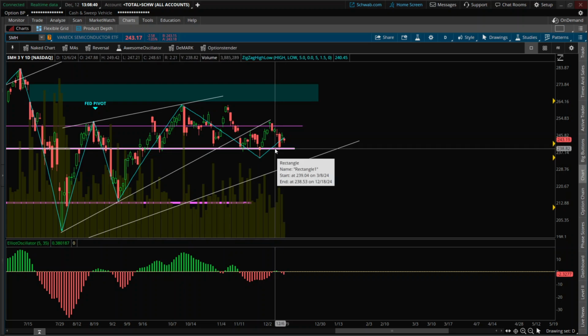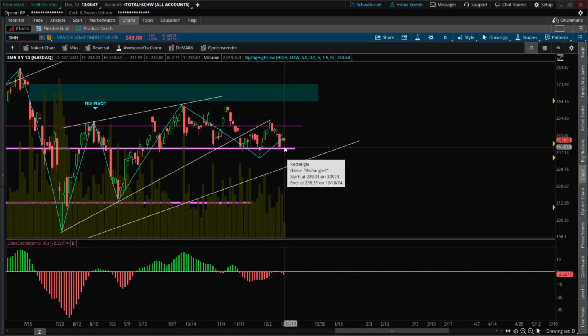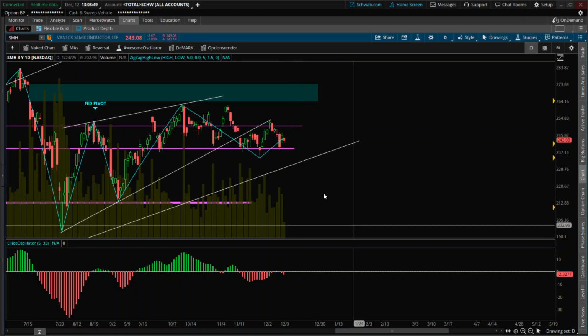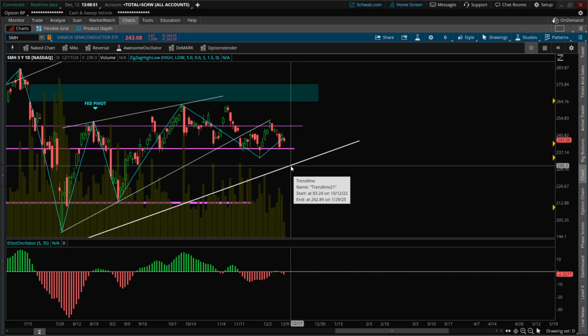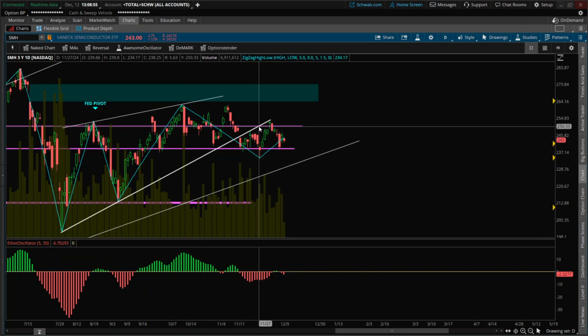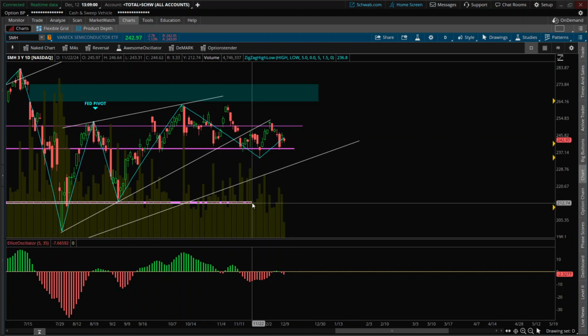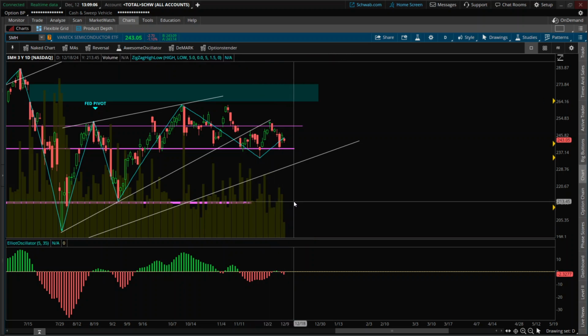And I would call it underneath this 238. I would think that's kind of the nail in the coffin at that point. And I think price breaks down. I don't think this trend line will be any good at that point, because we have the lower high set up here, and we should trend much lower. I think the next point here would be about 213 for us to get any sort of bounce.